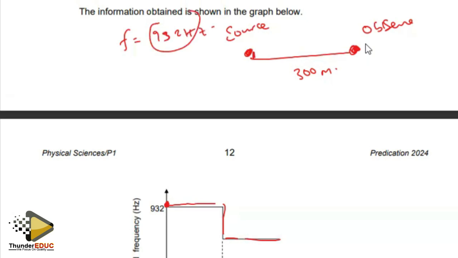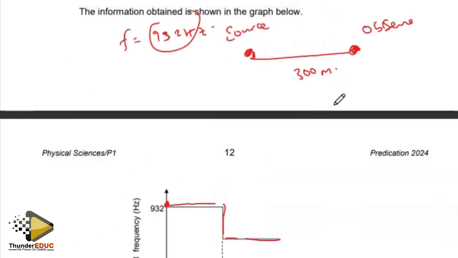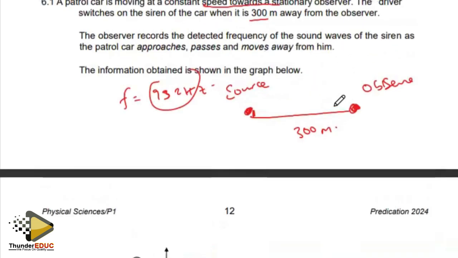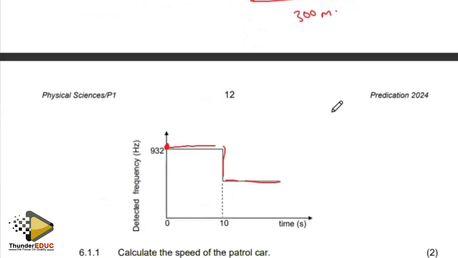How do we get the velocity of the car? Which formula can we use? Do we have the time? There's no time. What else do we have? Okay, yeah, we have this 10. Yeah, 10 seconds.